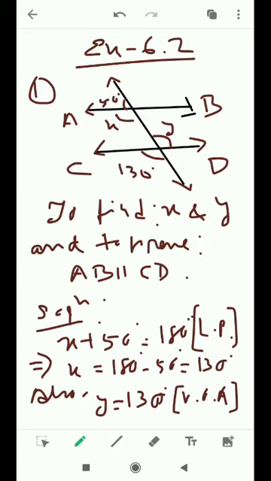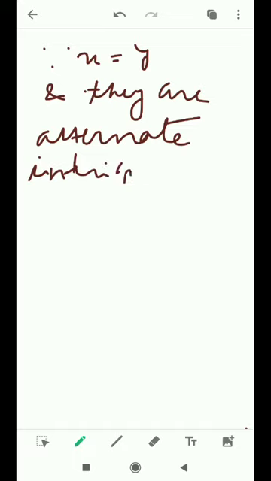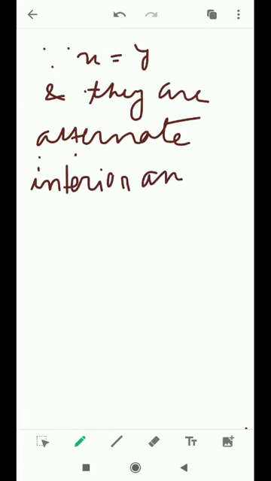Now you can see X and Y are alternate interior angles. They are becoming equal. So since X equal to Y and they are alternate interior angles, therefore we can write AB is parallel to CD.